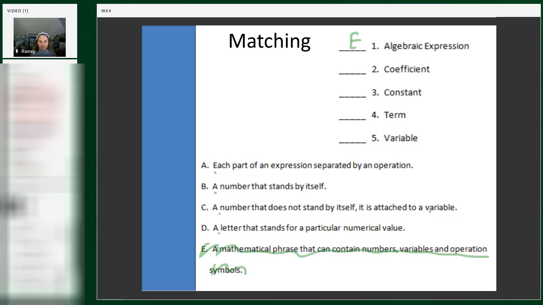Number 2. What is a coefficient? A, B, C, or D? It does not stand by itself. It stands with a variable. Yes. Like the co-pilot sits beside the pilot. All right. Next, a constant.